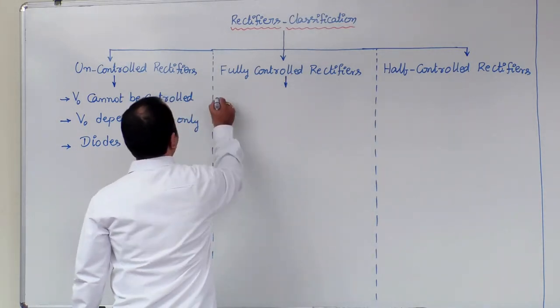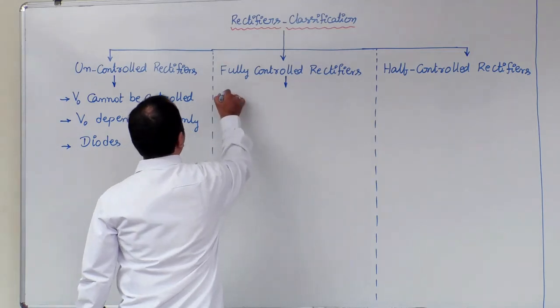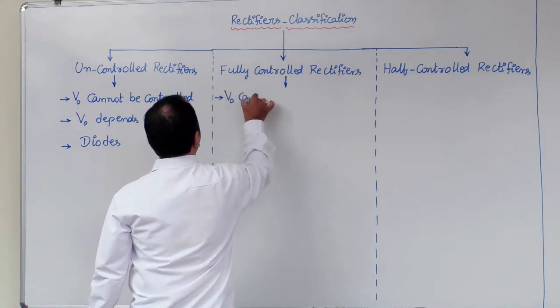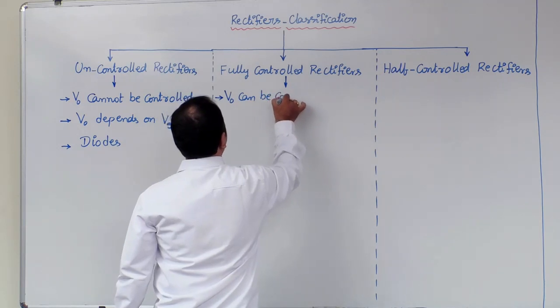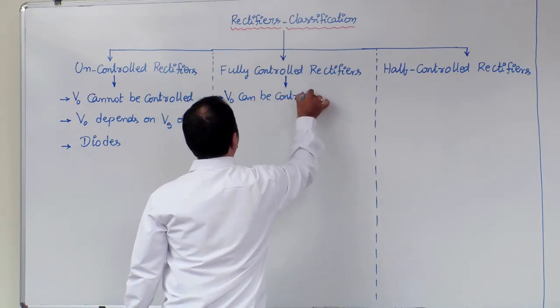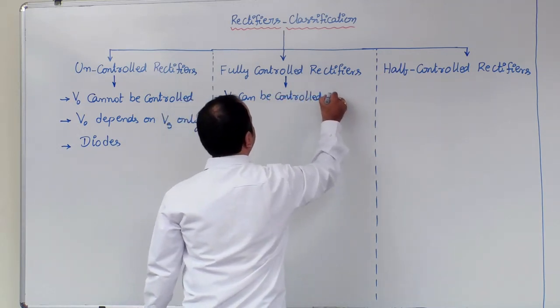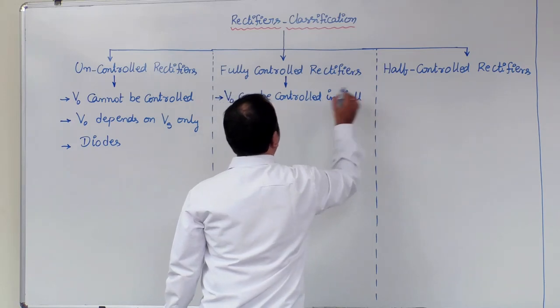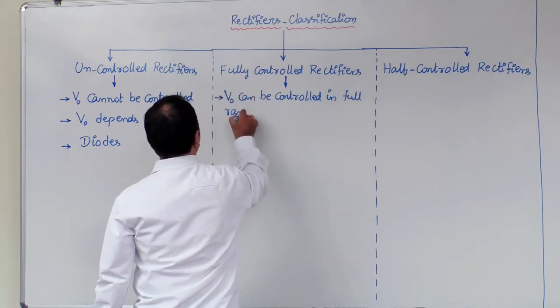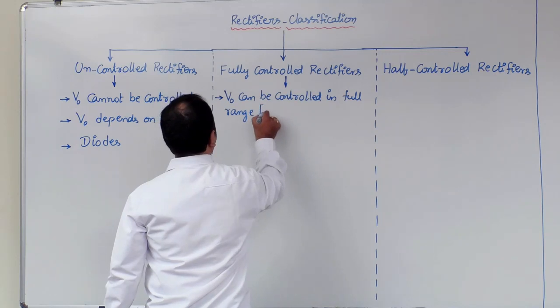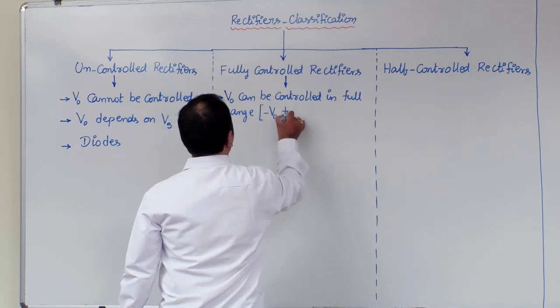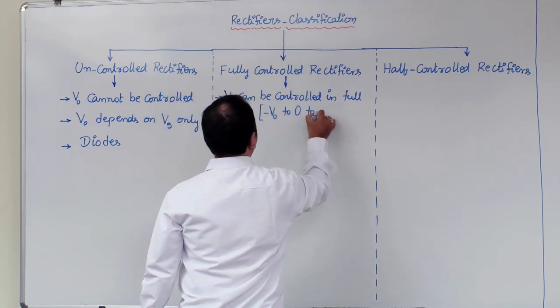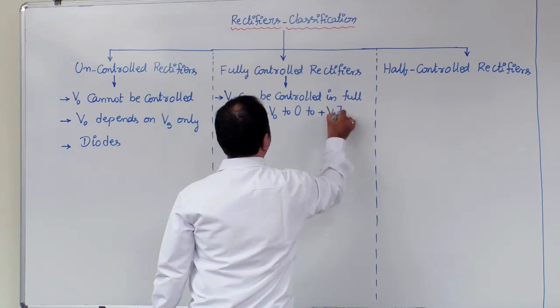Fully controlled rectifiers. In these circuits, V naught can be controlled in full range. Full range means negative value to positive value.